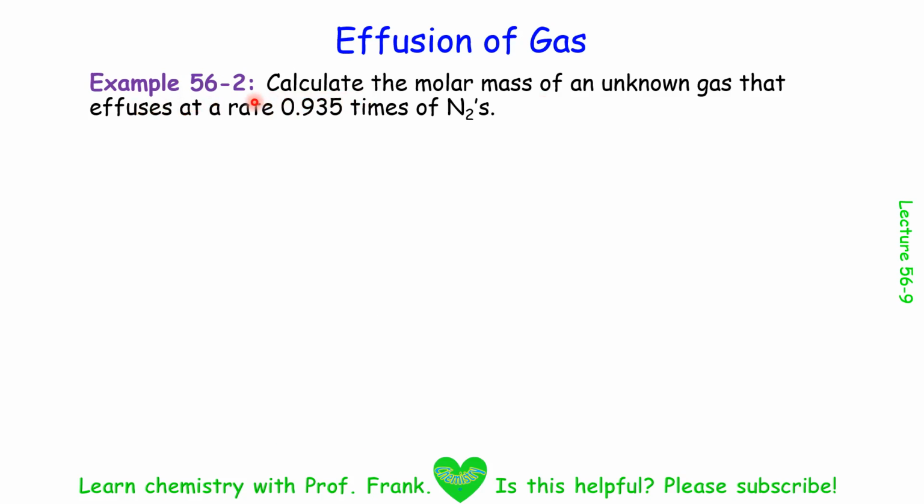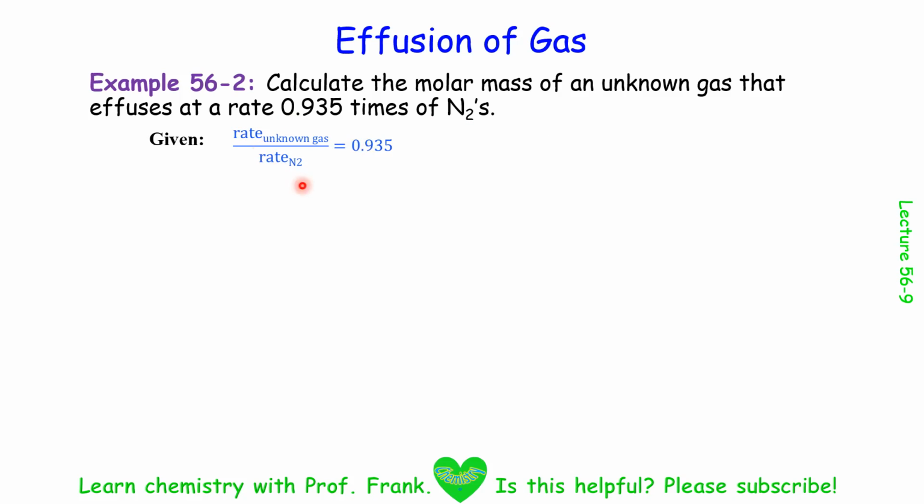Now let's work on one calculation involving effusion of gas. Calculate the molar mass of an unknown gas that effuses at a rate of 0.935 times that of nitrogen. Look at what's given.